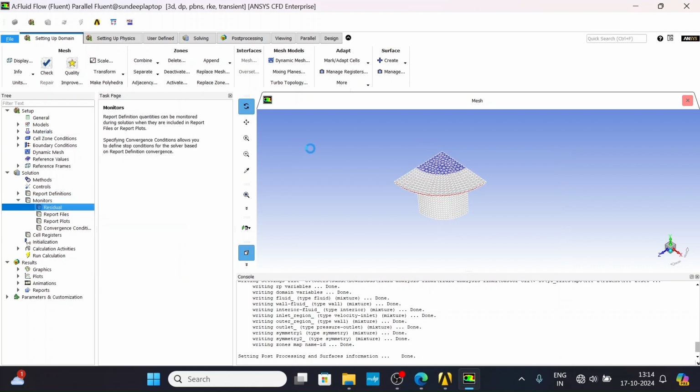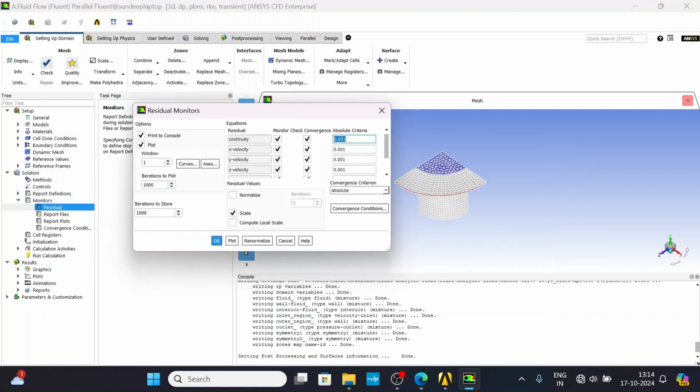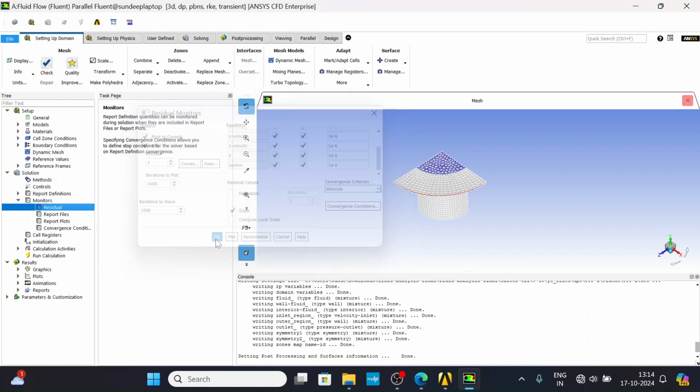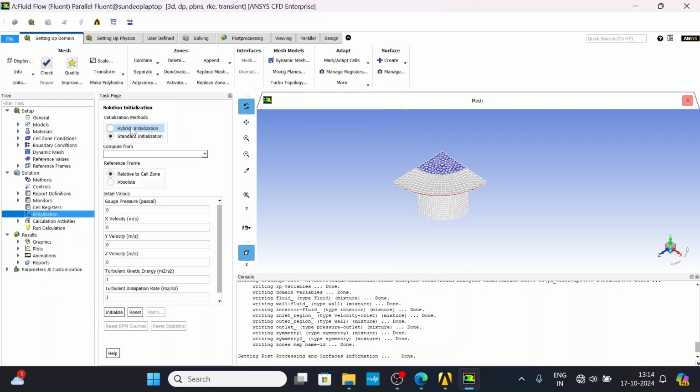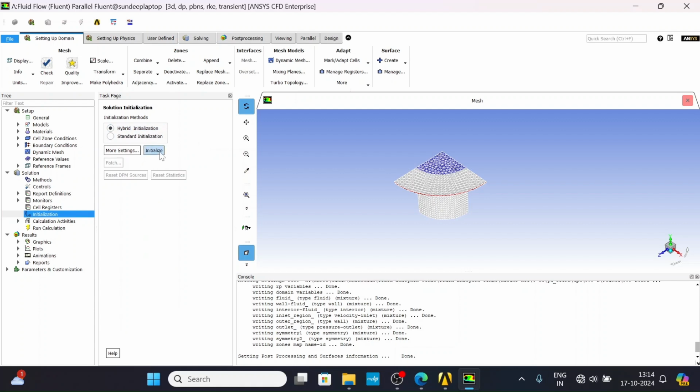Under monitor I am changing the residual from the default 1e-3 to 1e-6. Then initialization, hybrid initialization.